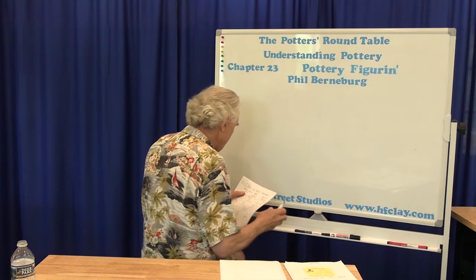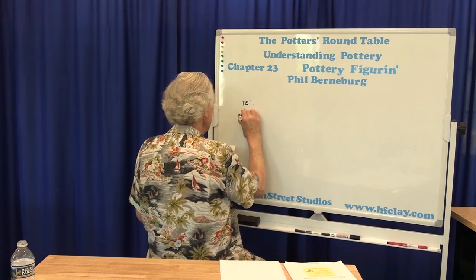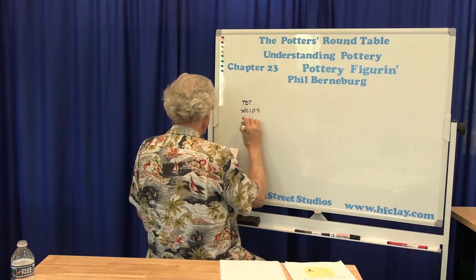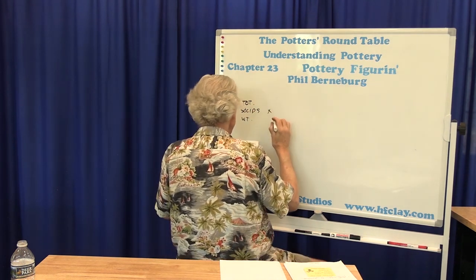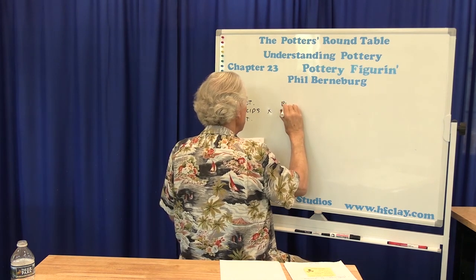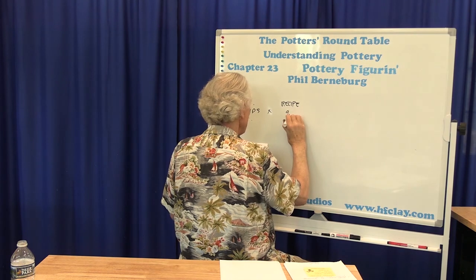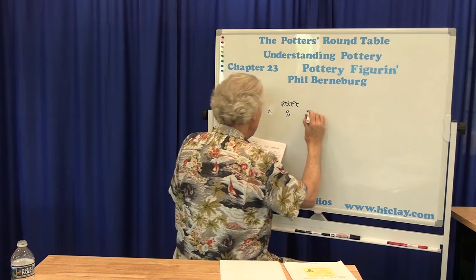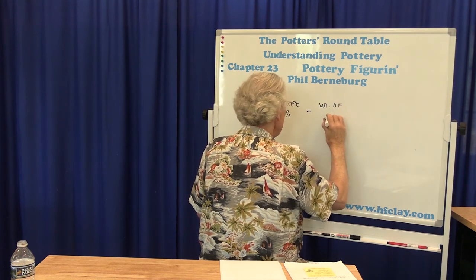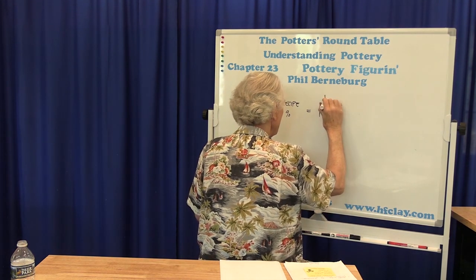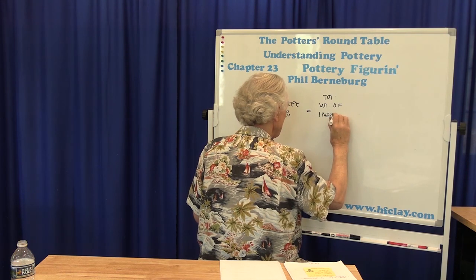I take the total solids weight, and I multiply it times the recipe percent, how much is in the recipe, and that tells me the weight of the ingredient, the total weight of the ingredient that I'm interested in.